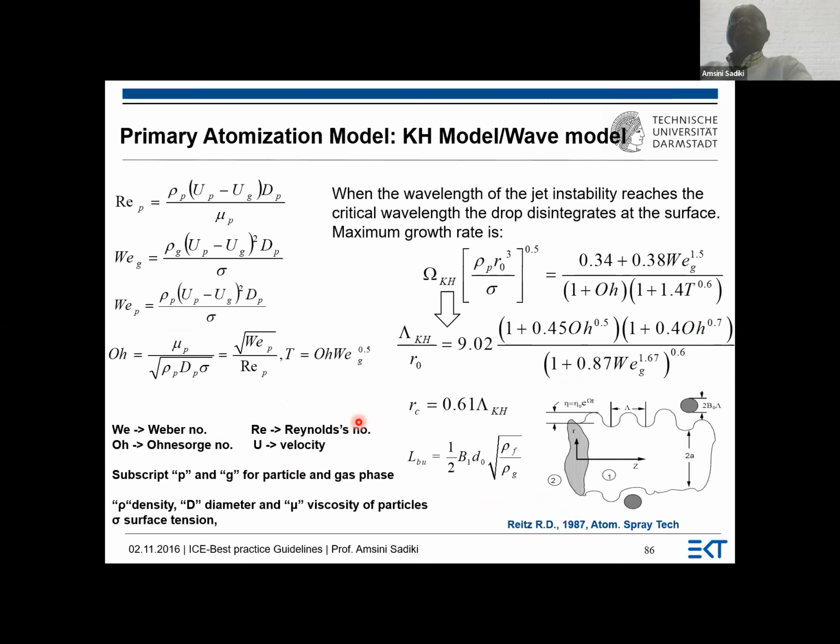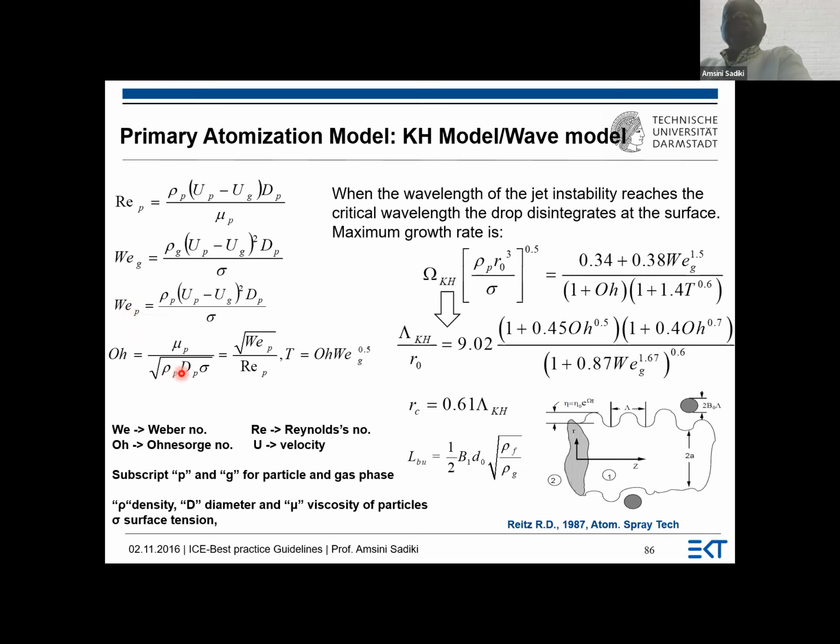For that, we naturally need the quantities we had: the particle Reynolds number, and the Weber number based on the gas velocity, here based on the gas density, and here based on the particle density.